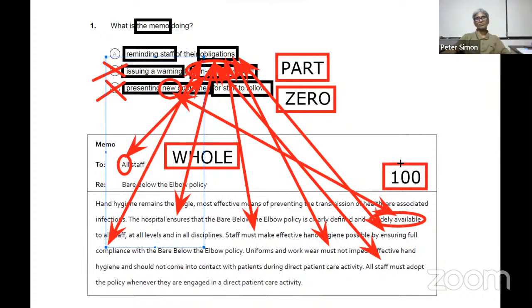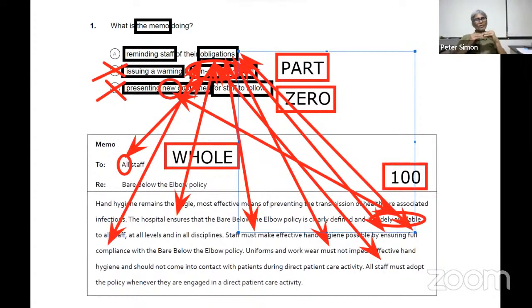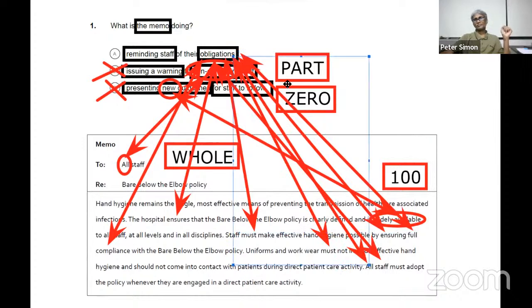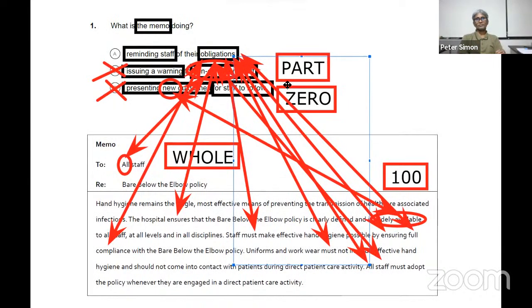Compliance is an obligation. Ensuring full compliance, not partial, full compliance. And staff, what staff? All staff. It's an obligation to all the staff. See there.